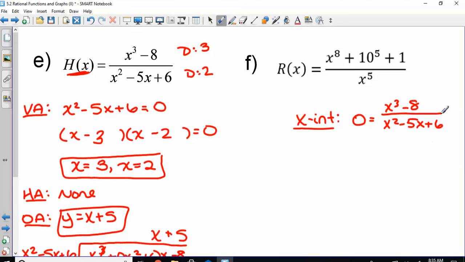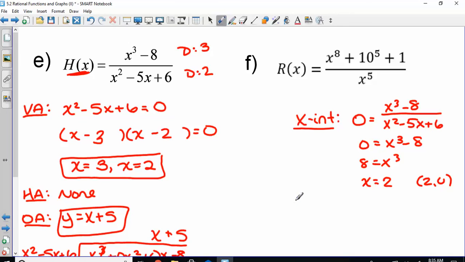If you wanted to get rid of the fraction, you would multiply over the bottom, but 0 times anything is still 0. Add over your 8. Cube root of 8 is 2. So your x-intercept is 2. Or if you wrote it as a point, it's 2, 0.